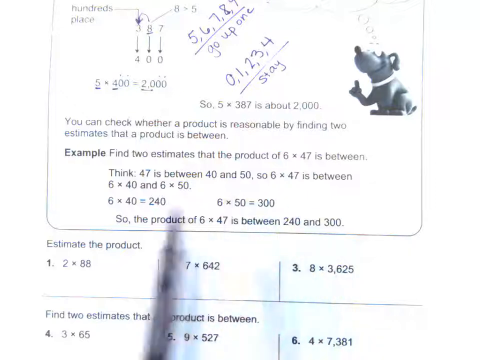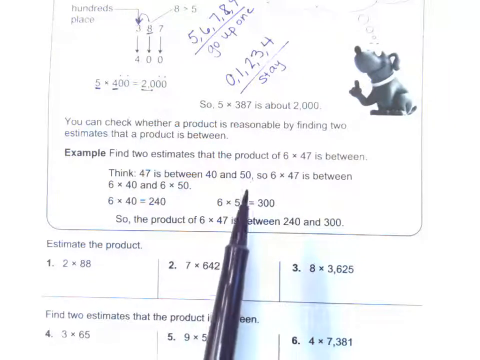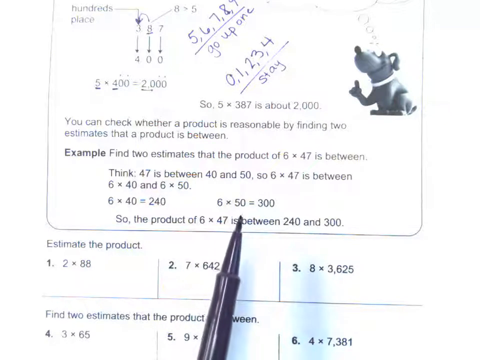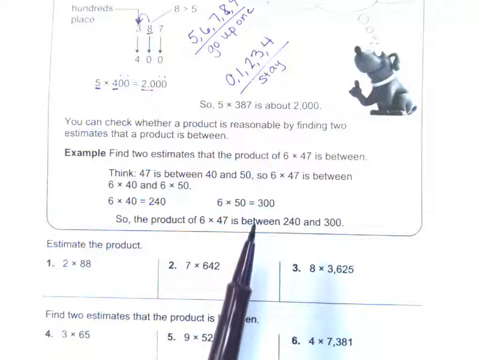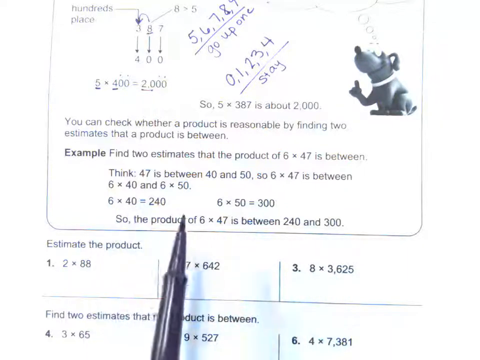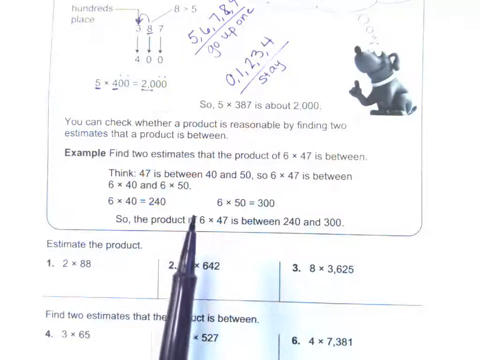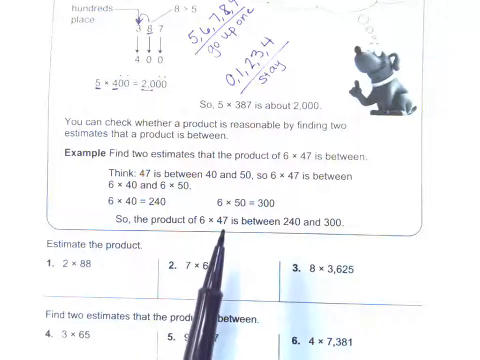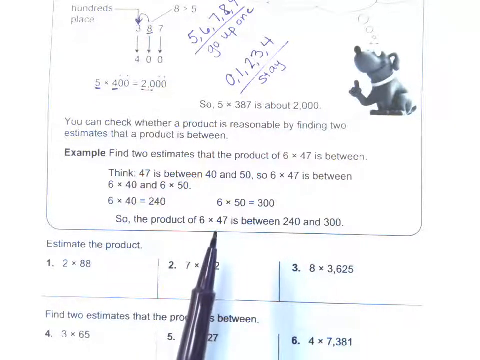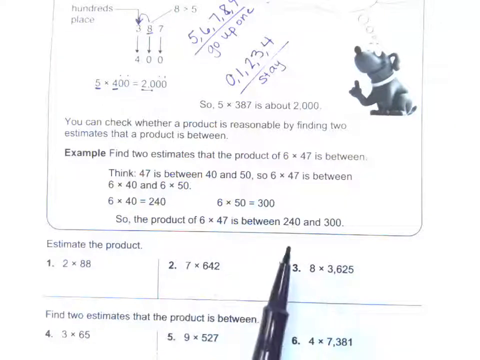So 6 times 47 is going to be somewhere between 6 times 40 and 6 times 50. 6 times 40 would be 240. 6 times 50 would be 300. So the product of 6 times 47 is going to be somewhere between 240 and 300.